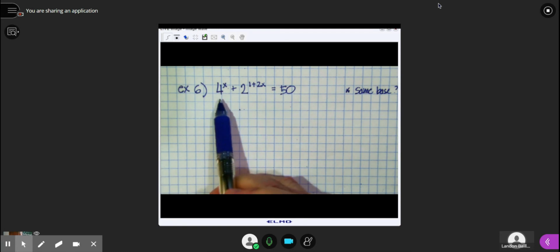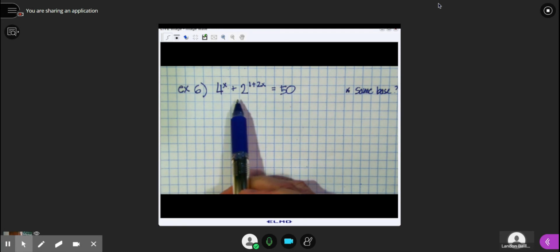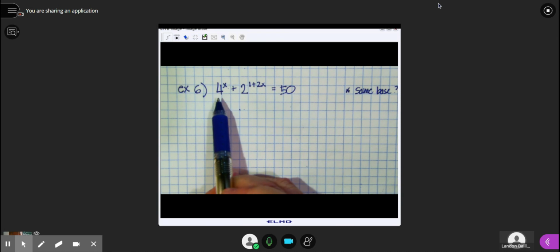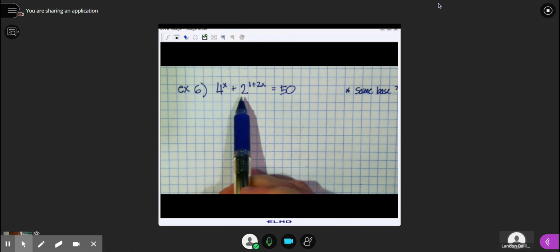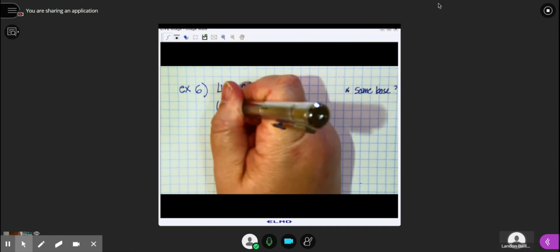So as you look at these two, is there a way to rewrite 4 using a base of 2? Two to the 2.